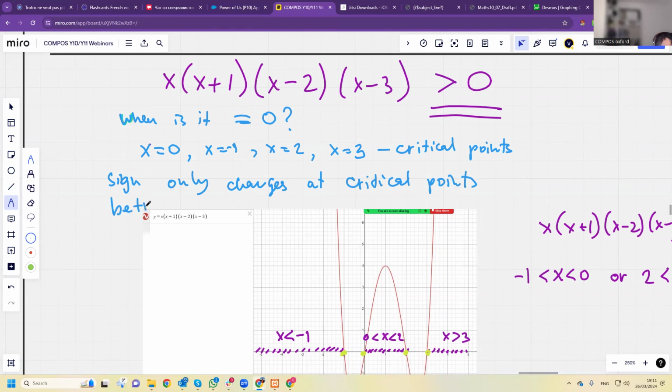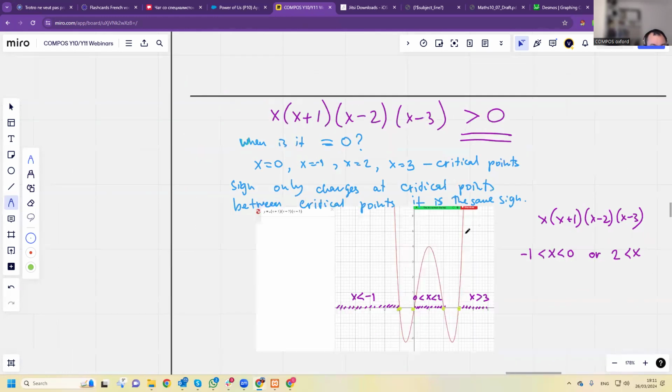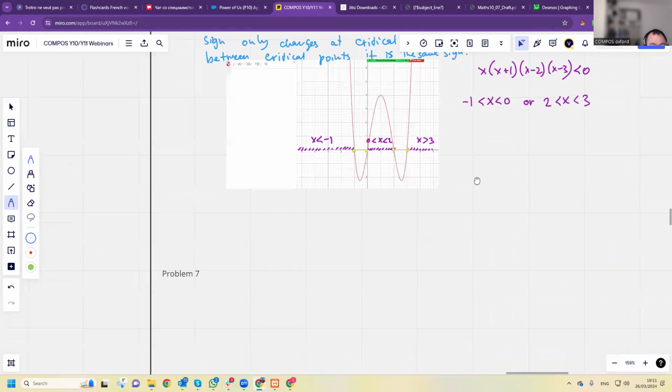Between critical points, it is the same sign. Yeah, it crosses the x-axis.